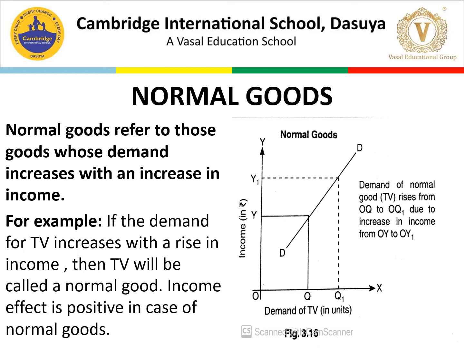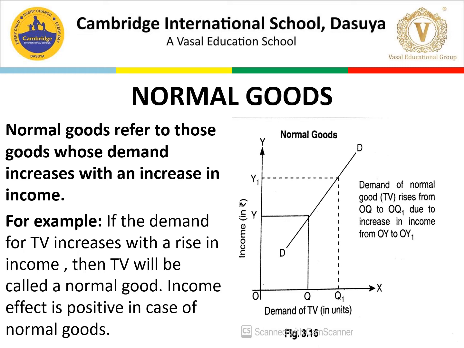For example, TV. If the demand for TV increases with a rise in income, then TV will be called a normal good. Income effect is positive in case of normal goods. Income effect is always positive in the case of normal goods.